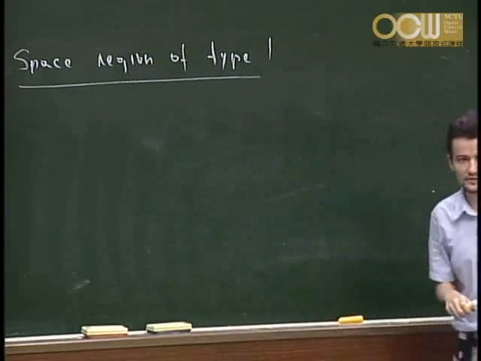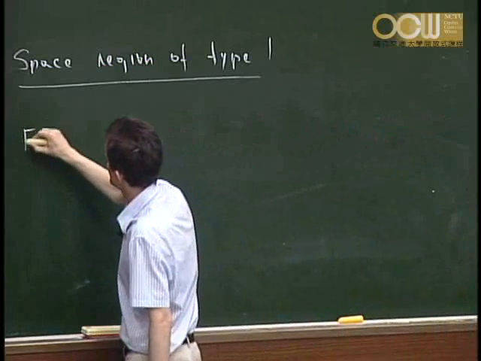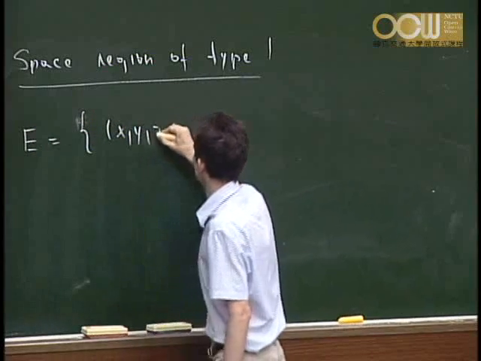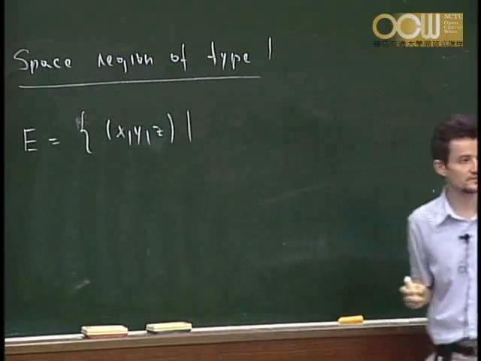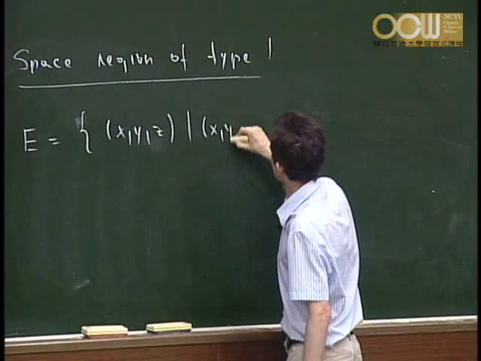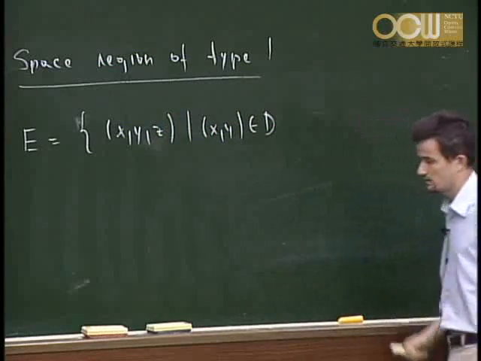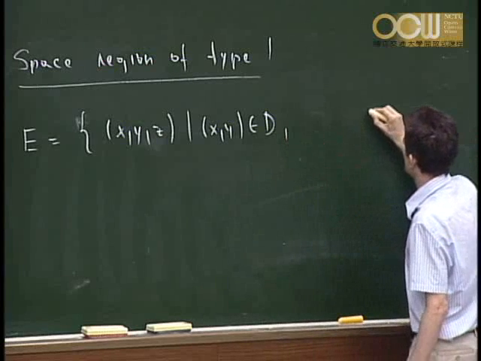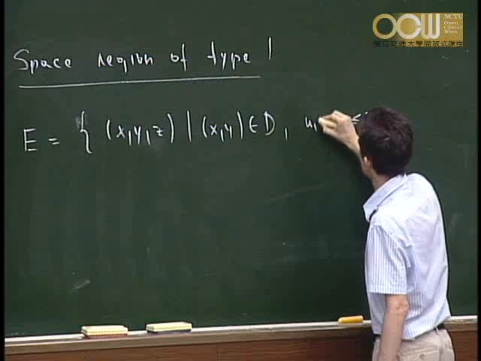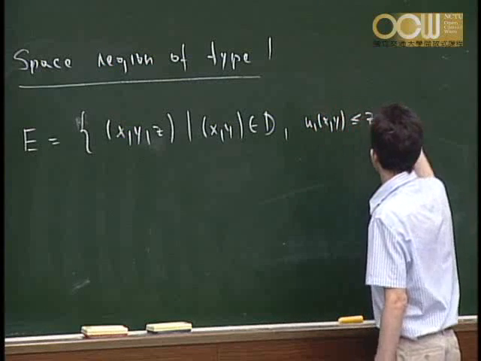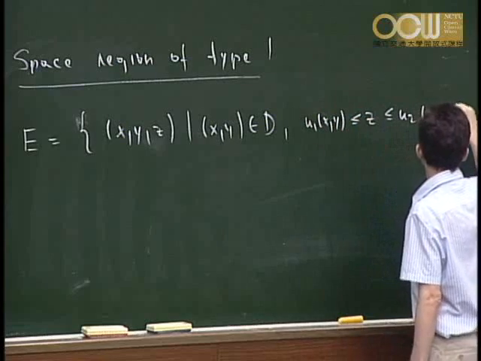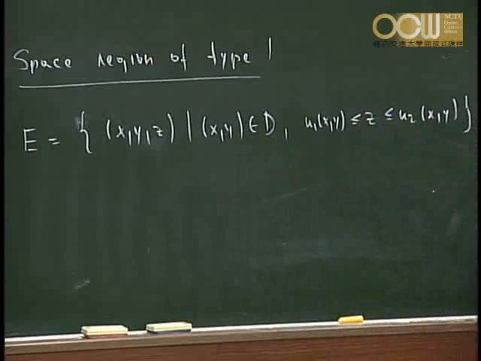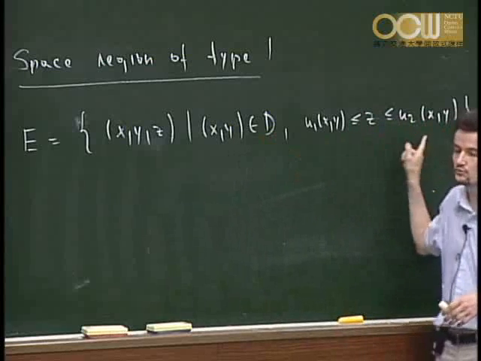Now, according to our textbook, this is a region E. So a space region, a set of all x, y, and z, such that x and y are in some plane region D, and for z you have two functions, u1(x,y) and u2(x,y), such that once you specify the point (x,y) in the plane region, z must lie between the two function values.